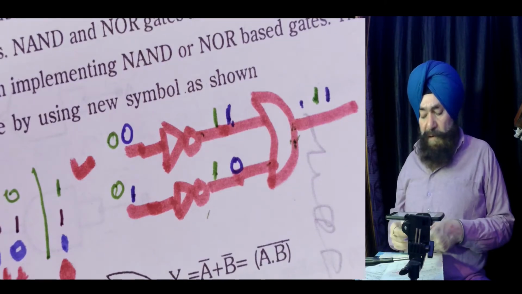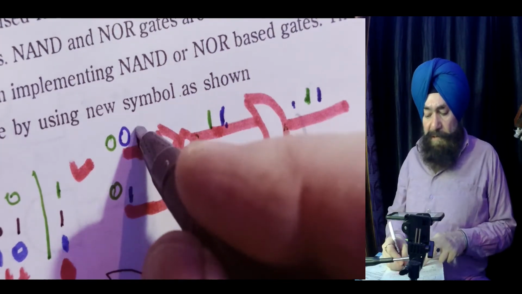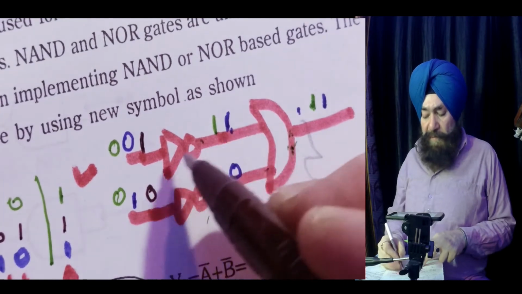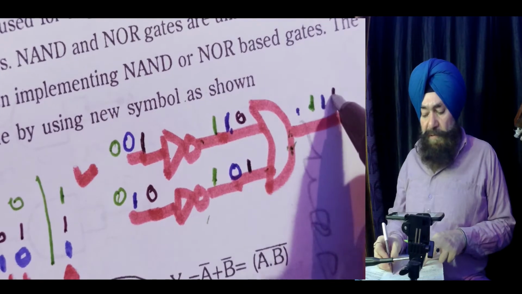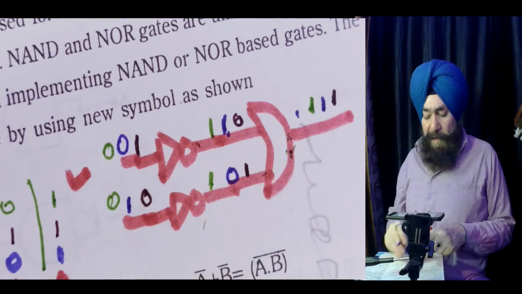Now if 1, 0, that becomes 0, 1. It again gives 1. And our last is 1 and 1.